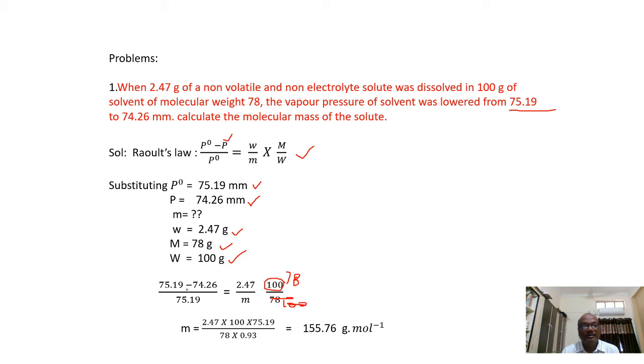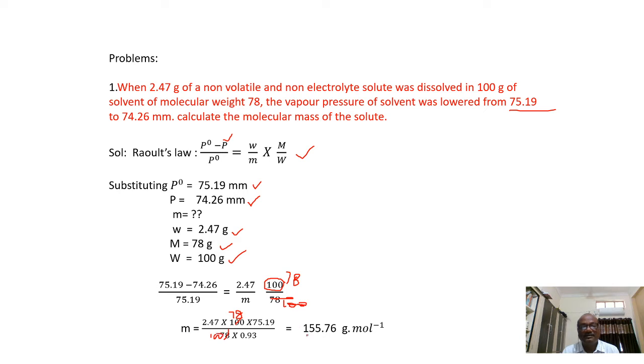So 75.19 minus 74.26 divided by 75.19 is equal to 2.47 by small m into 78, the molecular weight of solvent, divided by 100. Please note that it is 78 and this must be 100, please correct it.